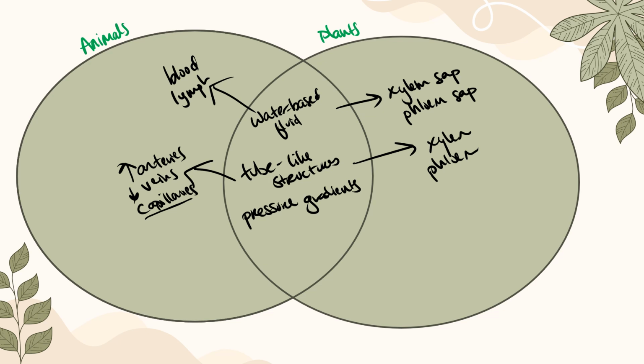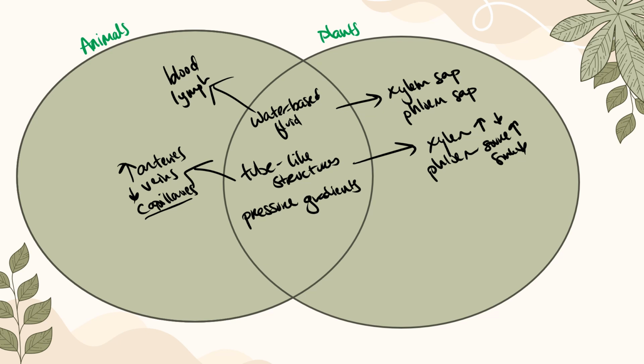In plants, we're going to have a high pressure in the root xylem and a lower pressure in the leaf xylem, and that is going to allow for that movement of water up against the force of gravity. In phloem, we have a high pressure at the source and then a low pressure at the sink. And again, that's going to allow for that material to move around the body of the plant.